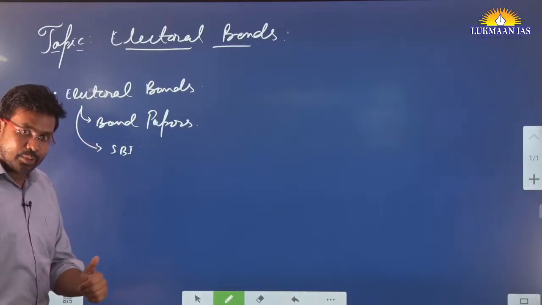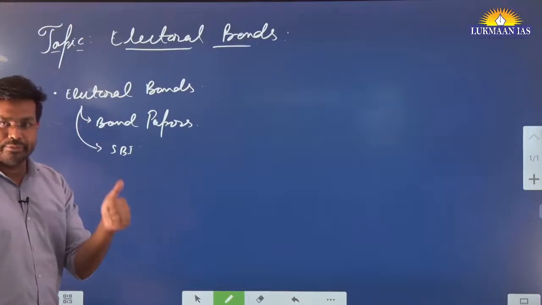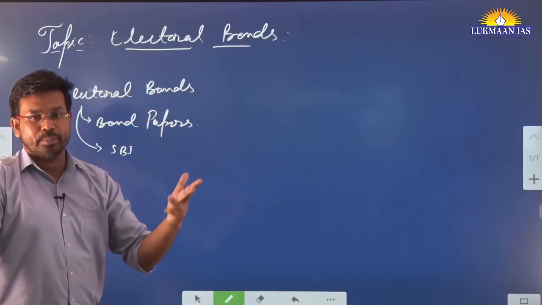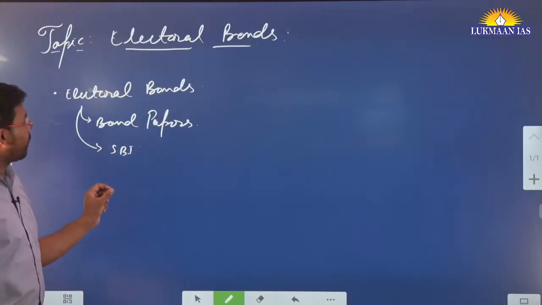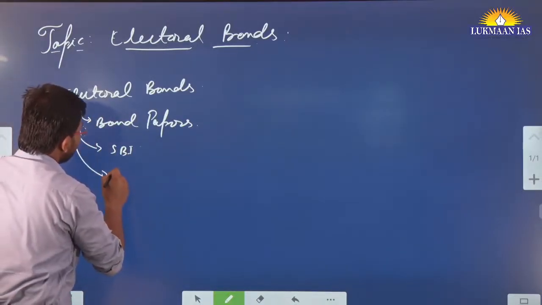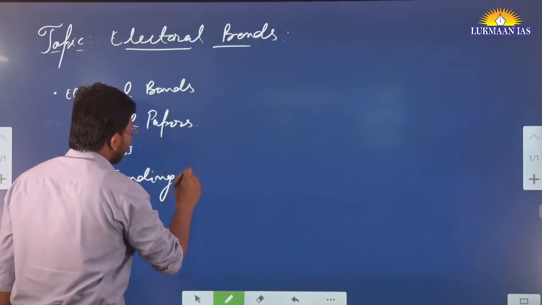Anyone who has a bank account can purchase them. It can be an individual, an organization, an NGO, a corporate, it can be anyone in India. These electoral bonds are meant for funding political parties.